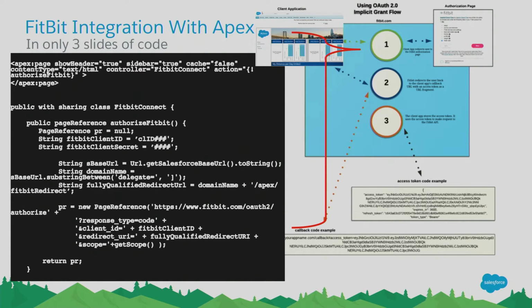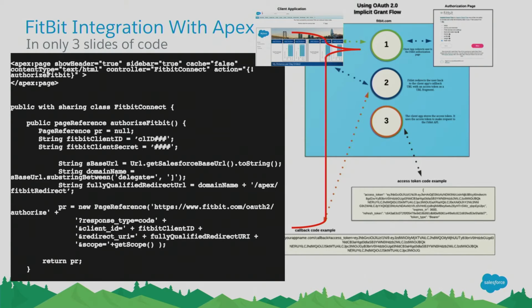I've put that into a string. I got my client ID and my Fitbit client secret. And then I make a URL call. This is in the context of a Visualforce page here. So here's the actual Visualforce page, and then the Apex class supporting that page.